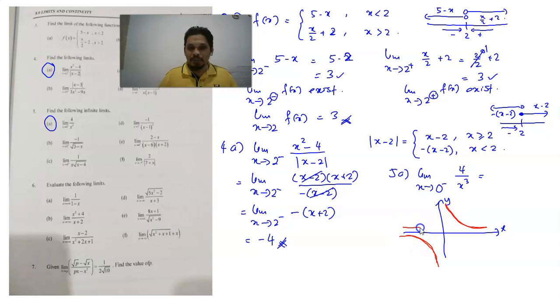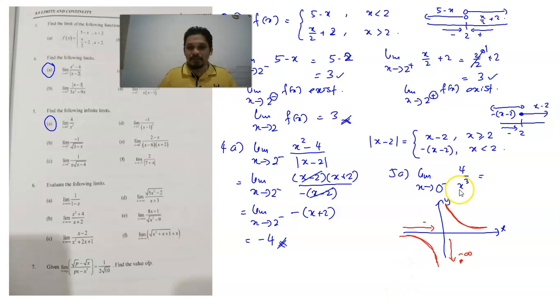When x is approaching 0 from the left, as you see here, the value of y is approaching negative infinity.